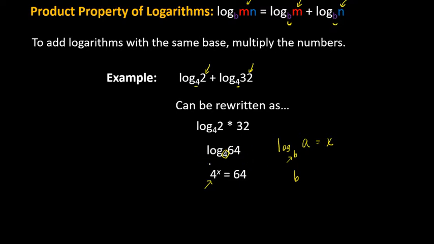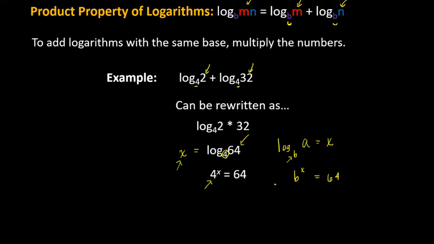This expression didn't have an equal sign, but I could just say equals x. And x would be my exponent if I rewrote this, because a logarithm is just an exponent. So b to the x equals 64, my result. And again, I assigned this just equal to x because it didn't tell me it was equal to anything else, so I know it must be equal to some variable called x.